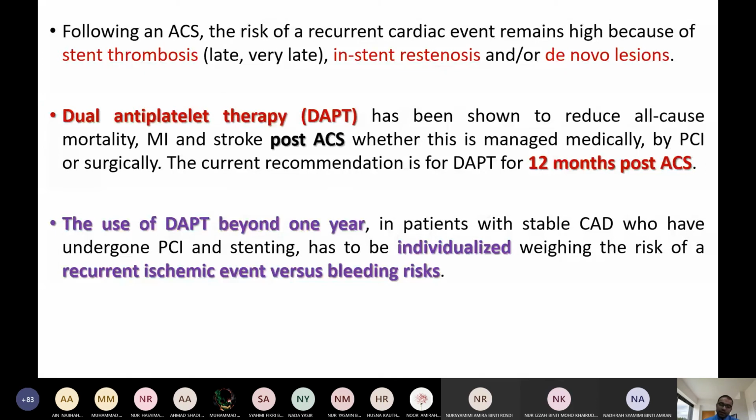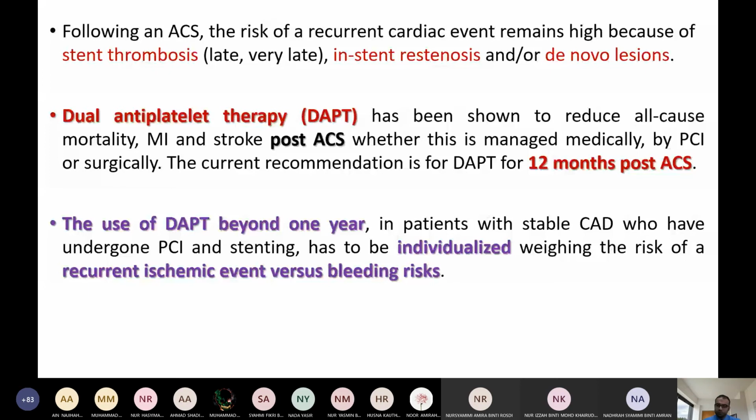So the use of dual antiplatelet therapy beyond 1 year in those who have received the PCI, percutaneous coronary intervention, depends on the procedure and stenting and has to be individualized.